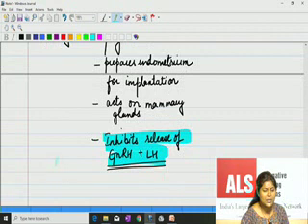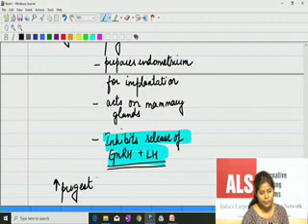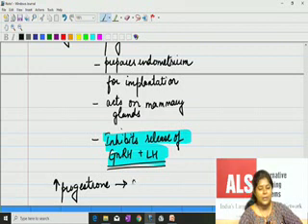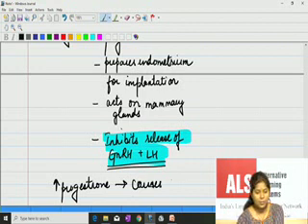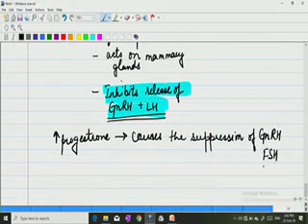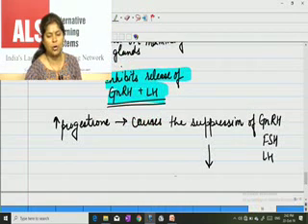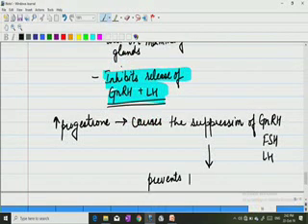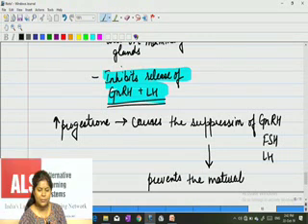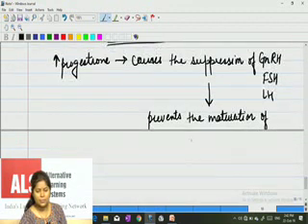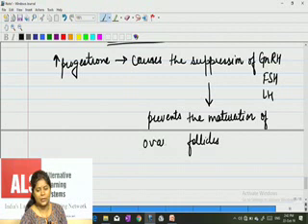If there is a high progesterone level in the blood, it causes the suppression of GnRH, FSH and LH, and this suppression in turn prevents the maturation of ovarian follicles.